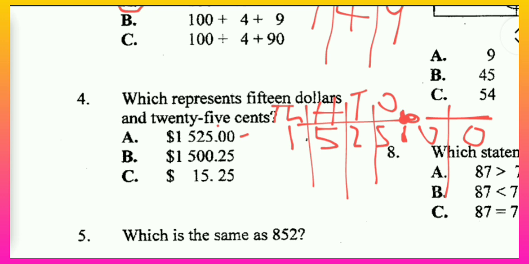Remember, we're filling from the back. So you have your 5, then your 2, put it at the point, and then you have your 5 again here and your 1. So it's $15.25. $10 and $5.